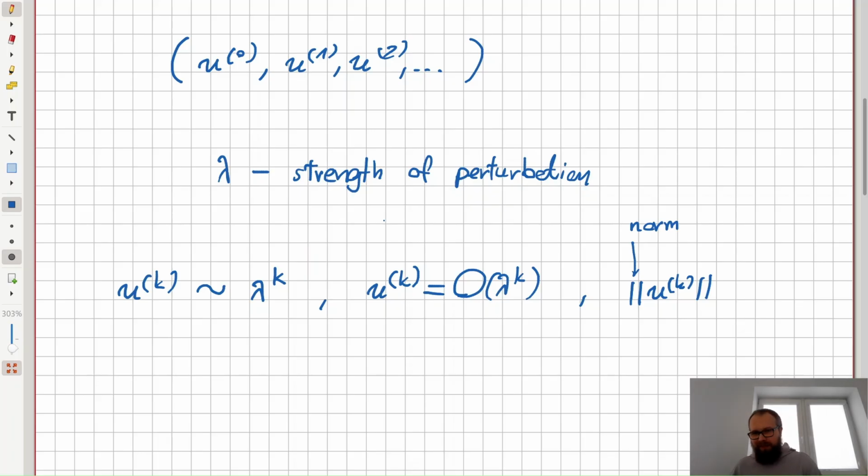But you say that the norm is bounded by a certain constant c times lambda^k. Okay, so big O notation basically means something like this. This term of order k scales as fast as the k-th power of the parameter.